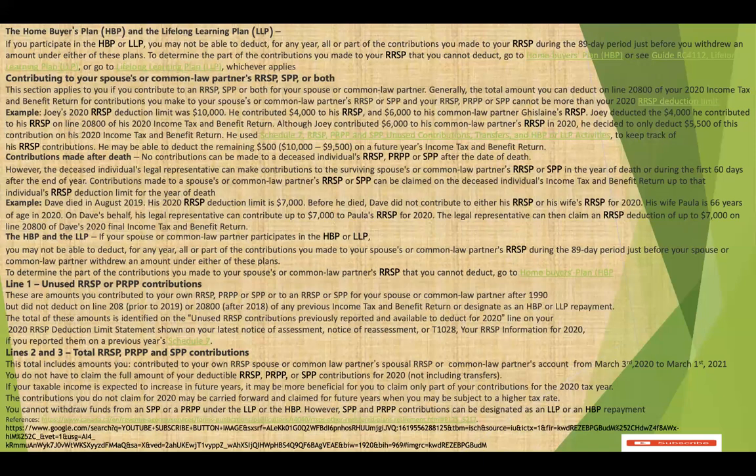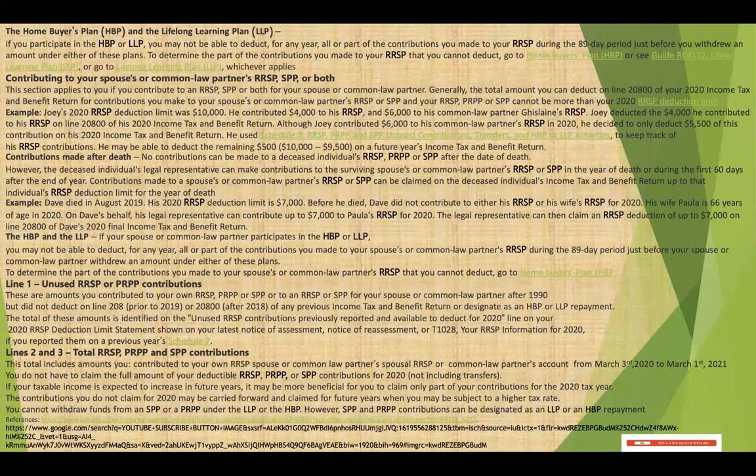Let's give an example: he died in August 2019, and his 2020 RRSP deduction limit is 7,000 before he died. Dave did not contribute to either his RRSP or his wife's. His wife Paula is 66 years of age in 2020. On their behalf, his legal representative can contribute up to 7,000 to Paula's RRSP for 2020.